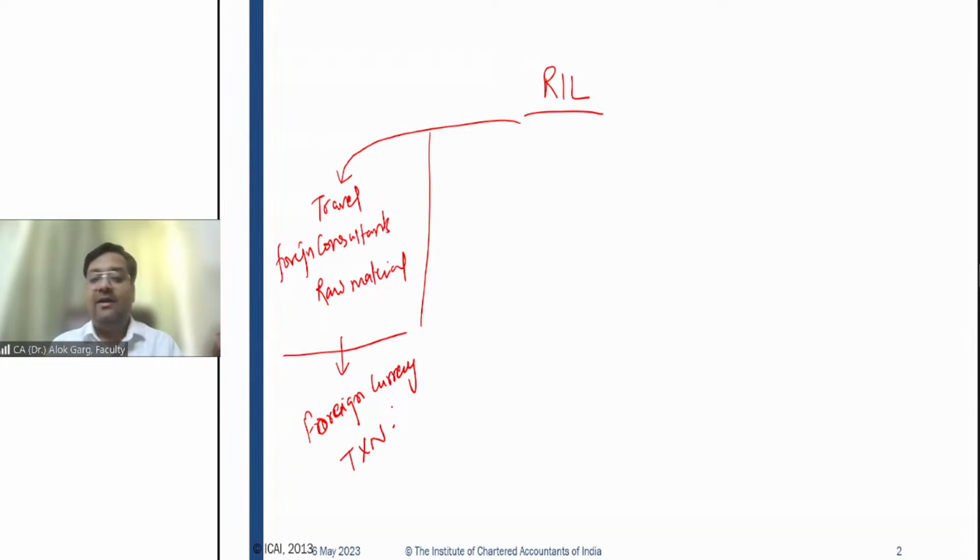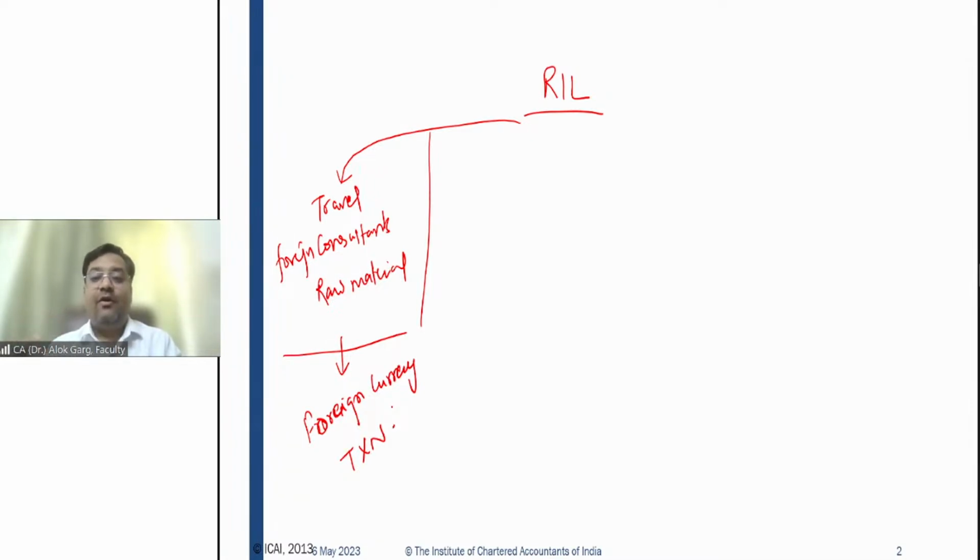The initial recognition, for example: today you are acquiring consultancy services from a foreign consultant. At what rate does it have to be converted? Second, it also talks about what happens if you have not paid the foreign consultant and the balance is still outstanding at the end of the year, I mean at the balance sheet date. What should be the subsequent recognition?